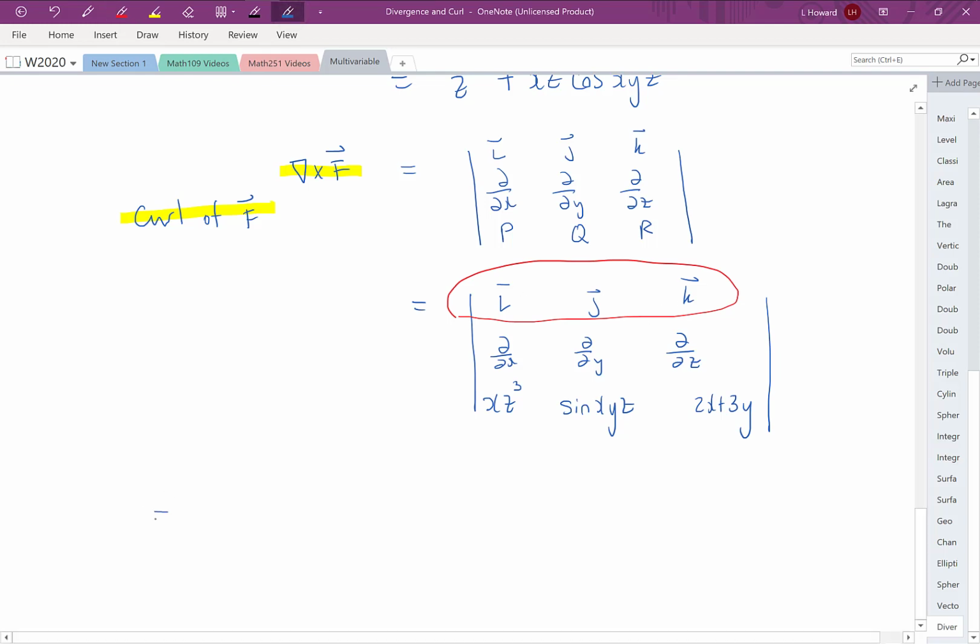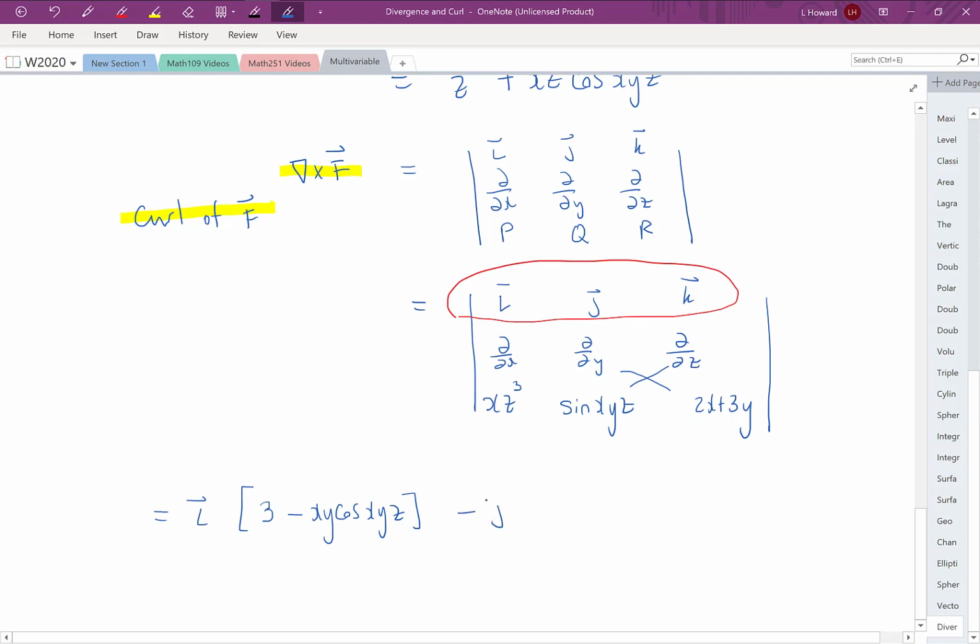So let's see if we can do this the fast way. So we're going to have vector i times a certain 2x2 determinant. So delta by delta y is going to act on the 2x plus 3y to give us 3. And then we're going to subtract off delta by delta z acting on sine of xyz to give us xy cos of xyz. That's the i component done.